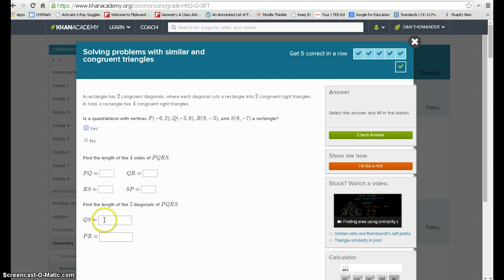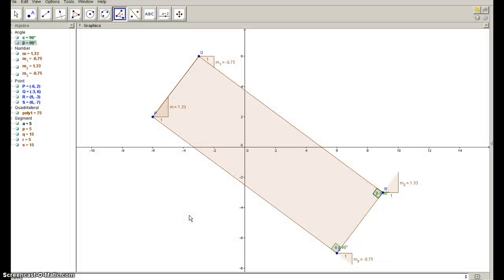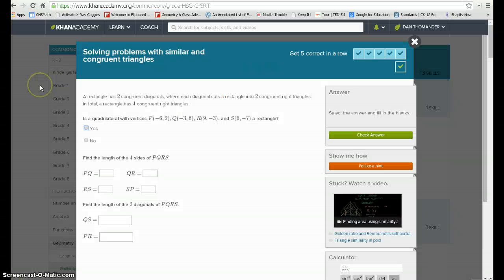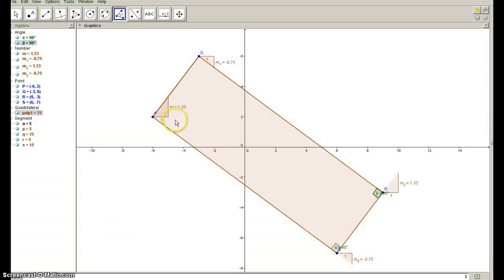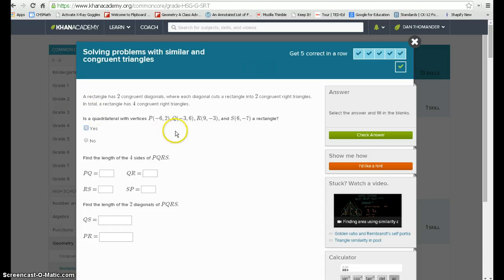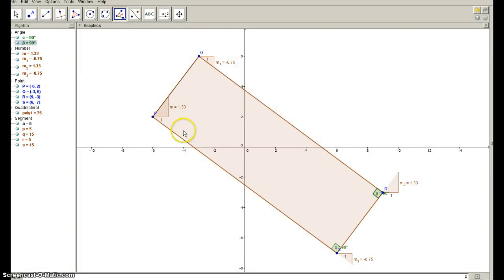That's ugly. And then find the lengths of the diagonals. And then we could determine, I guess, by side, side, side, if those two right triangles are congruent. This does not look, to me, like a similar triangle problem. But we have negative 6, 2, negative 3, 6, 9, negative 3, and 6, negative 7.